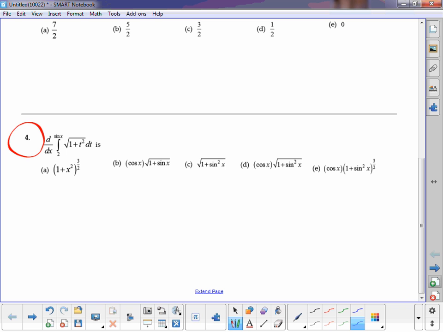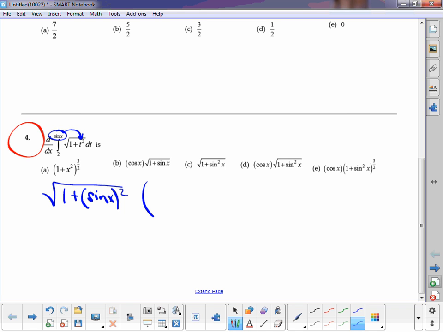So derivative of an integral, where I see that I have that function defined as one of my limits there, I simply take that and substitute in. So I have square root of 1 plus sine x squared. But then what do I have to do after I've substituted my function in?